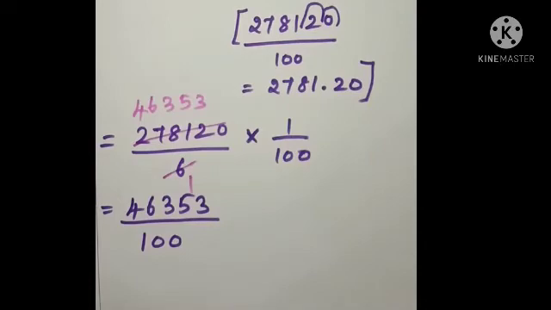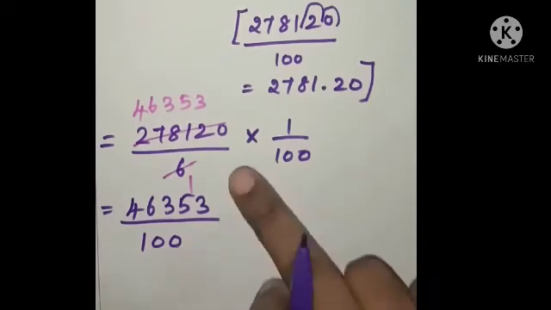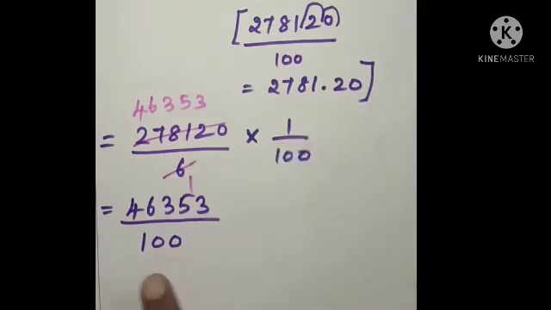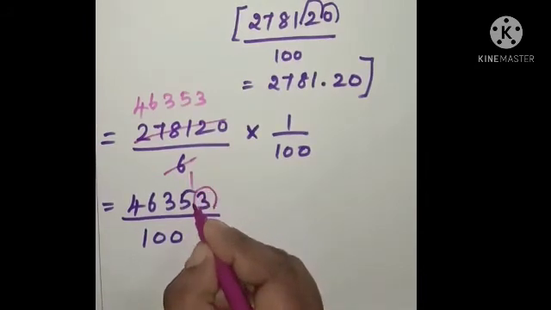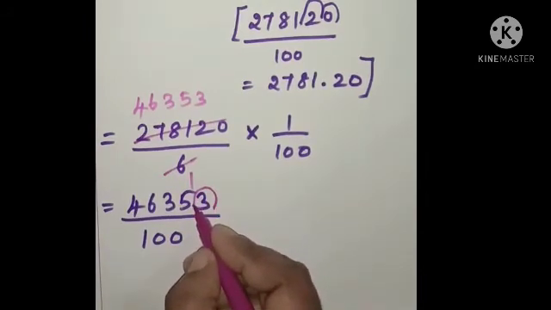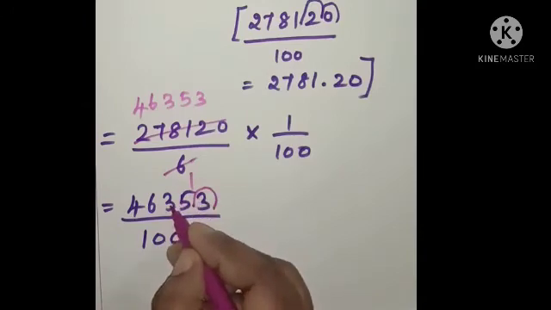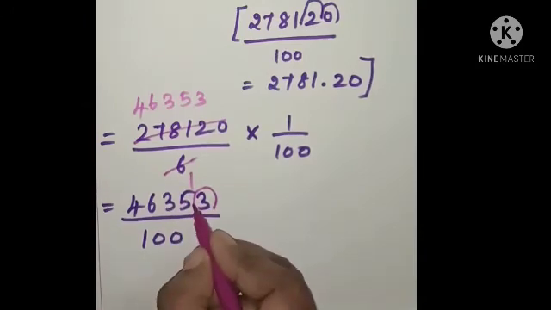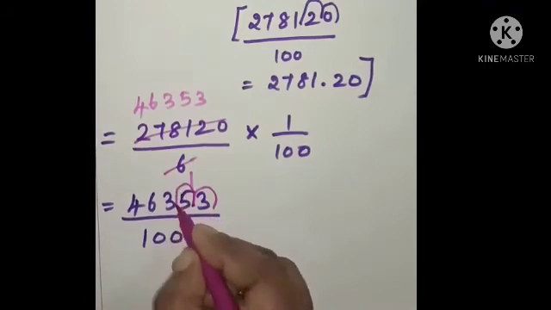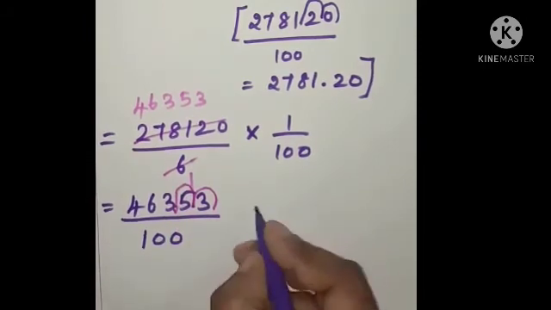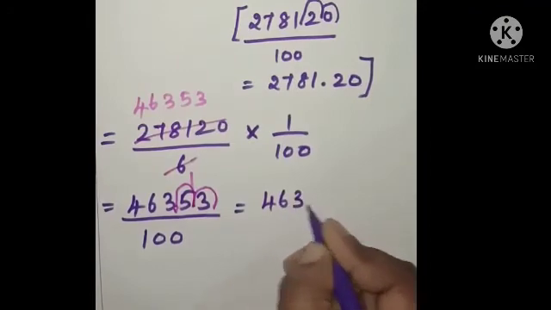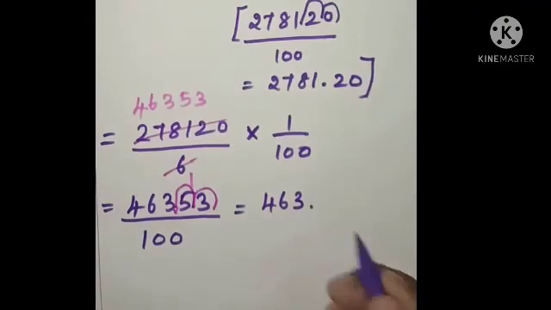Now, we know how to change the fraction into decimal. There are 2 zeros present in the denominator. So, you have to put the decimal point before 2 digits. Therefore, from ones place, you have to move the decimal point 2 digits because there are 2 zeros. 1, 2. Therefore, the decimal point will occur between 3 and 5.